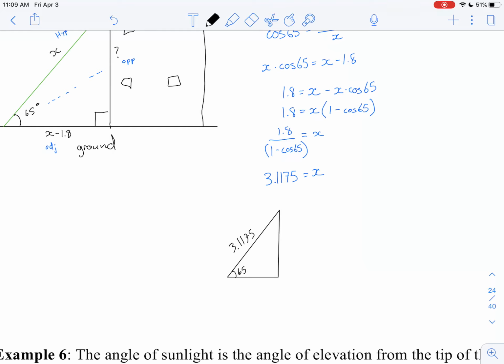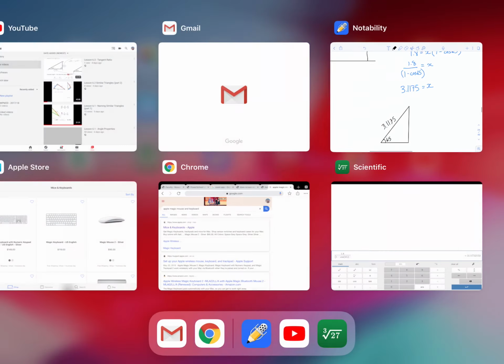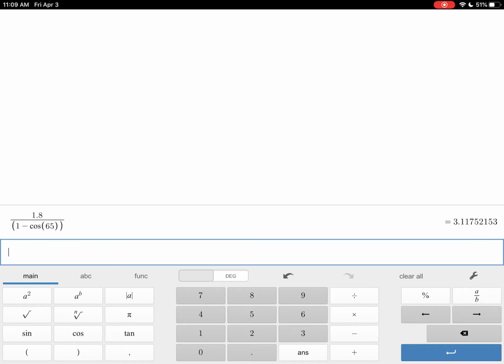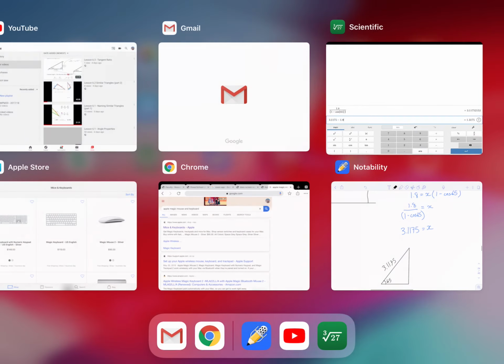And then this is 3.1175 minus 1.8, my bottom down here. So 3.1175 minus 1.8 is equal to 1.3175.